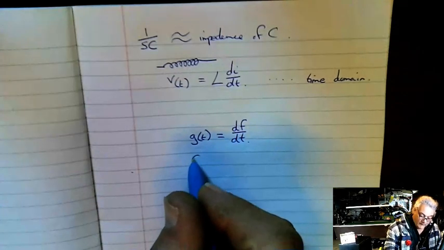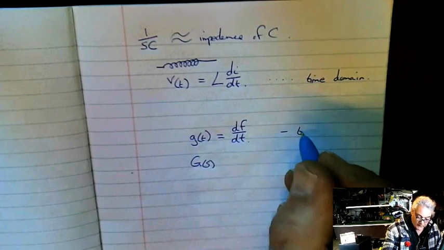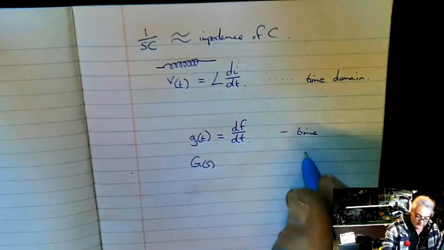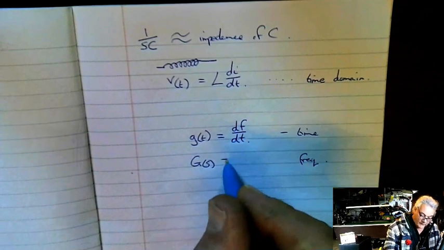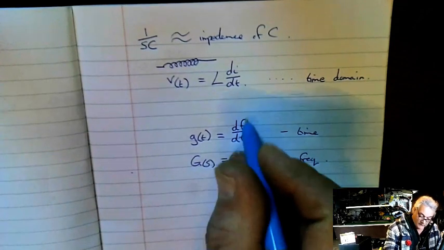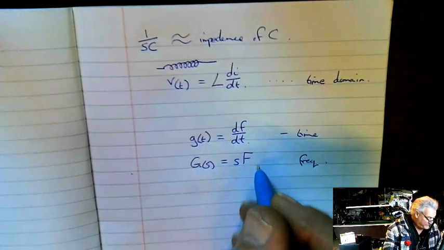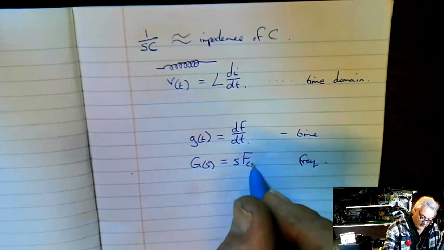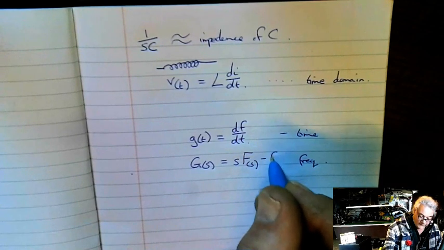And what that becomes is g of s, in other words the frequency domain, so this is time and this is frequency. What that becomes is s times f of s minus the initial conditions.